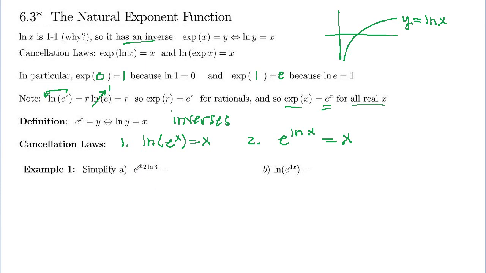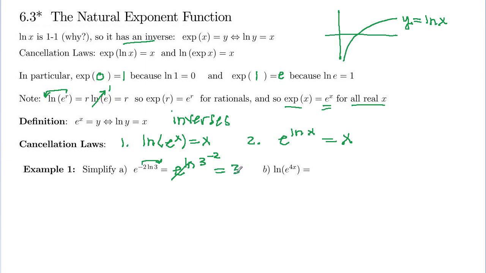So for example here, e to the negative 2 ln 3, well this negative 2 exponent outside the log will come up on top. So this is e to the ln of 3 to the negative 2. And then e and ln cancel each other. That's this cancellation law.